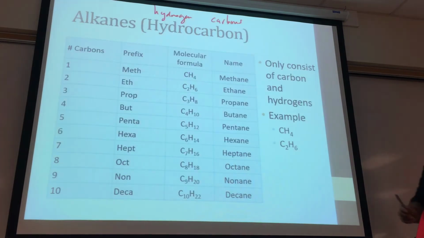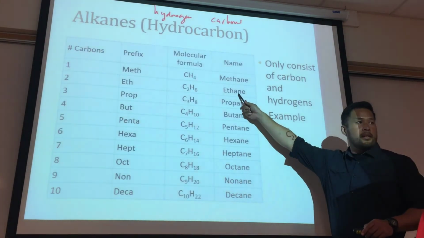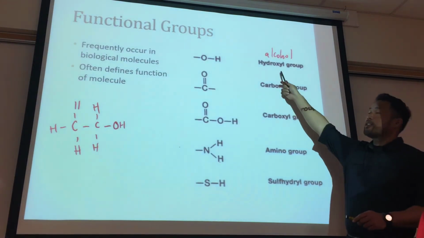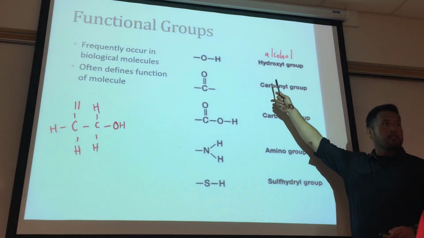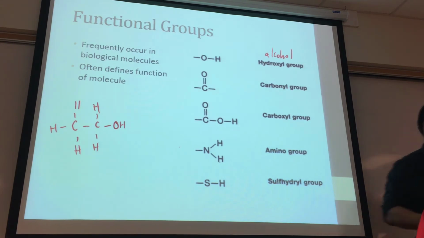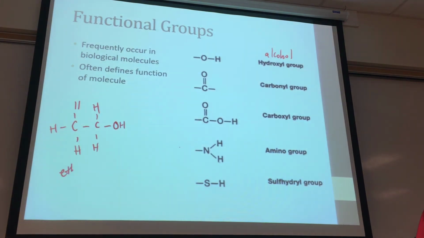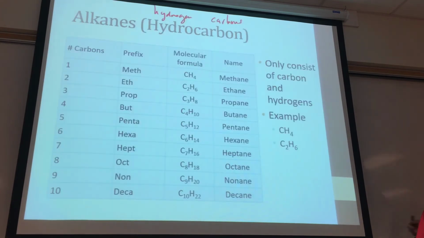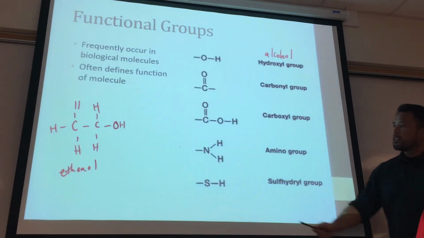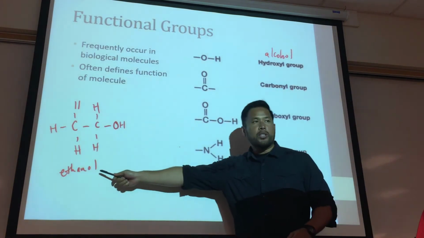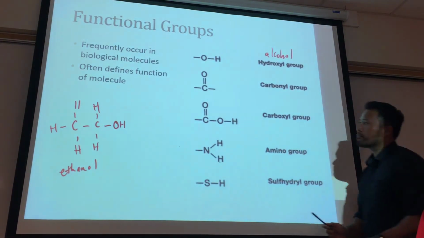So if I have ethane and I attach a hydroxyl group, which makes it an alcohol, this would be called ethanol. Has anybody heard of ethanol before? Ethyl alcohol. That's the stuff in alcohol. Right? That's ethanol. And that changes the characteristic. Where this was a pure fuel, this becomes an alcohol, which also serves as a fuel too.